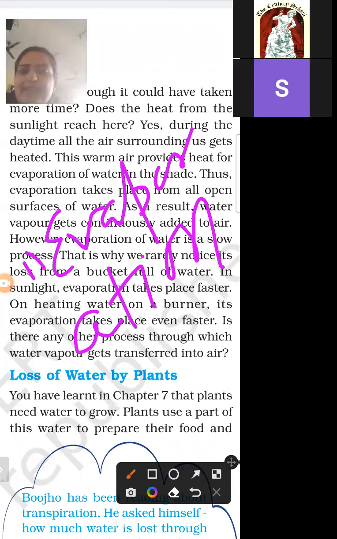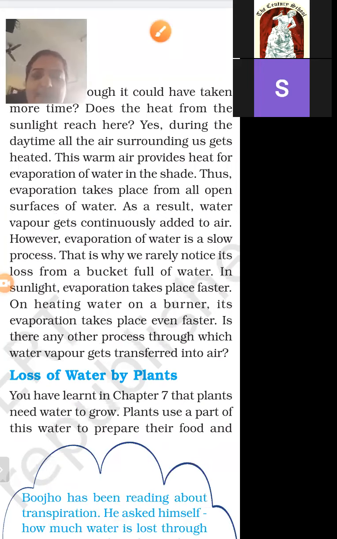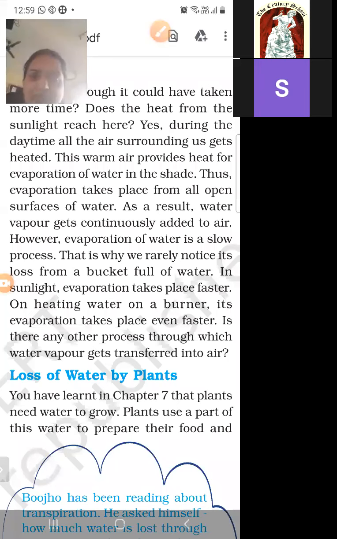The second process is transpiration. So what do you mean by transpiration? The first process is evaporation. What do you mean by evaporation? The process of changing water into water vapor is called evaporation.